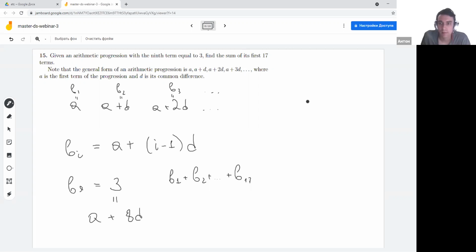So now let's rewrite this sum. Let me use some mathematical notation.